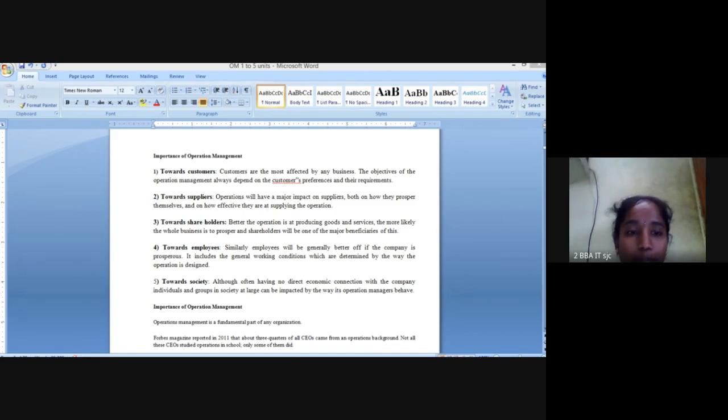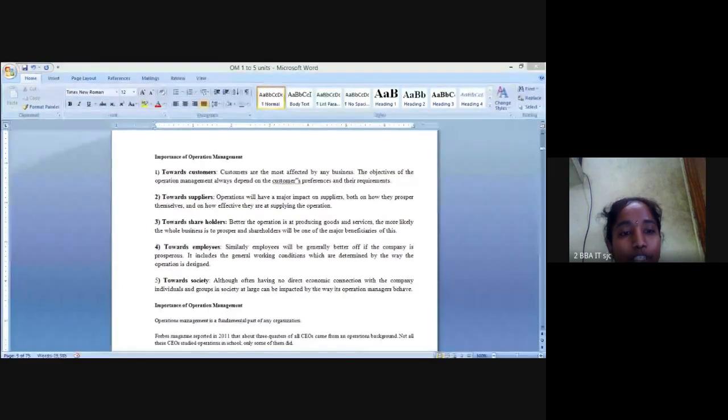To complete all the operations perfectly, good working conditions are provided by the organization to complete all the works and operations successfully. That is why operations management is important.